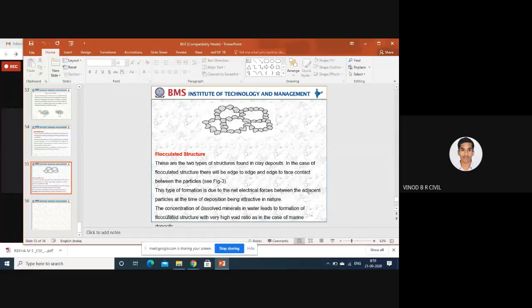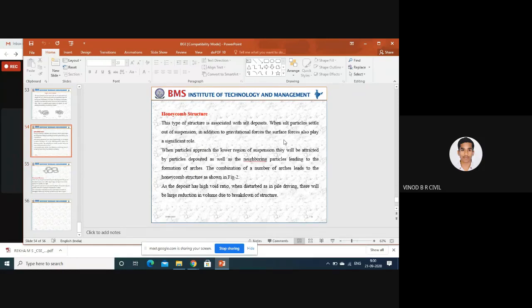In between you can expect air voids, because the air can enter into these voids. You can't expect any water particles to get into the void space because these particles have good binding capacity. This is a good example of honeycomb structures.